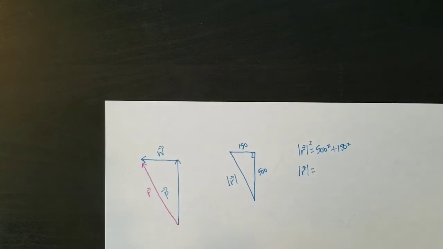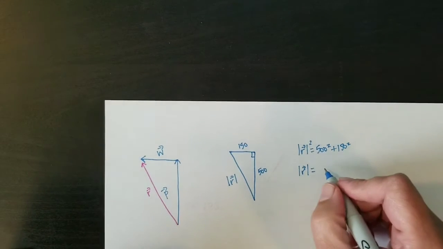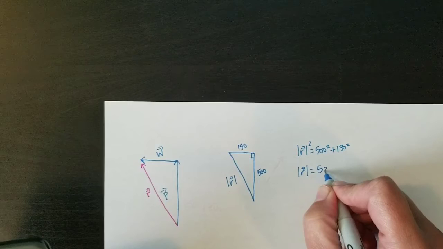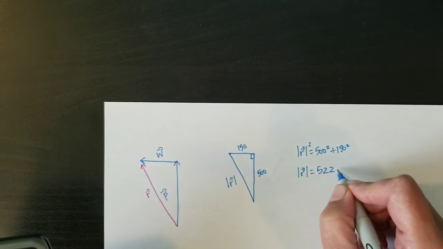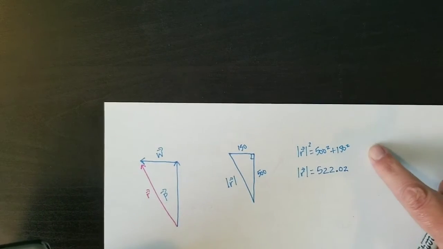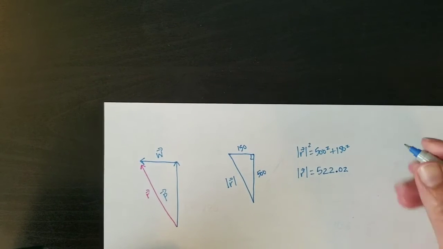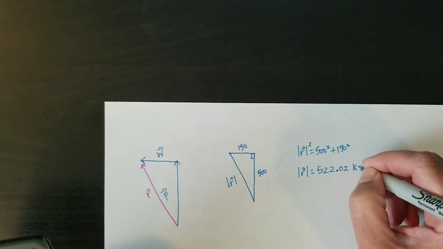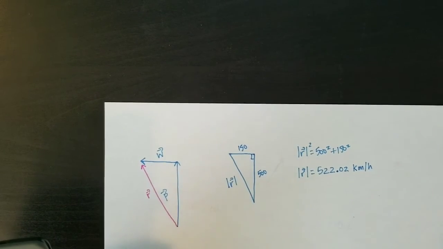So we get a resultant. Again, you don't need to show me all the steps with the square root and everything. Just show me the equation you used and your final answer. It's 522.02, 2 decimal places accuracy, and that's in kilometers per hour.